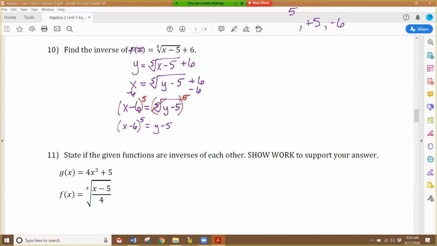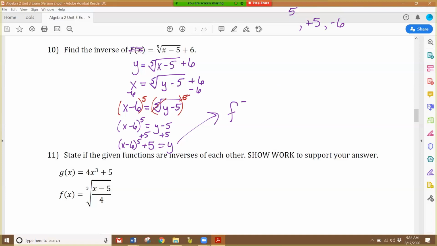So then next step, we're going to get that y by itself by adding 5 to both sides. So in parentheses, x minus 6 to the 5th power plus 5 equals y. Since y is by itself, we're going to go ahead and write this in function or inverse notation.